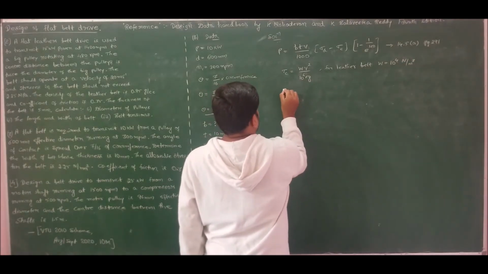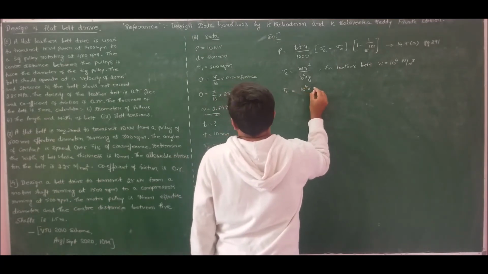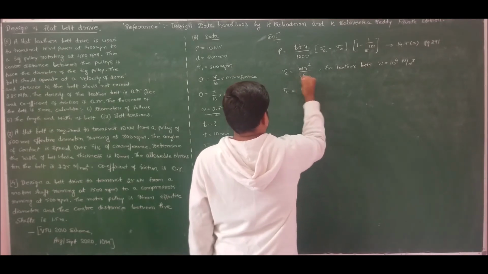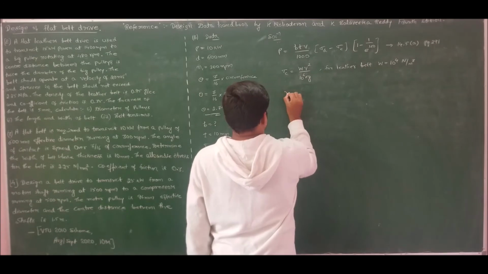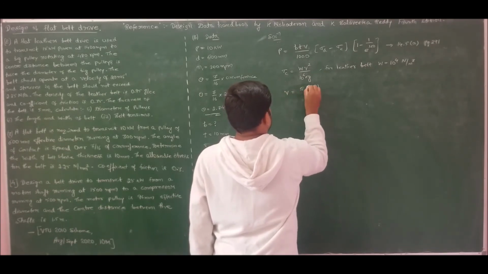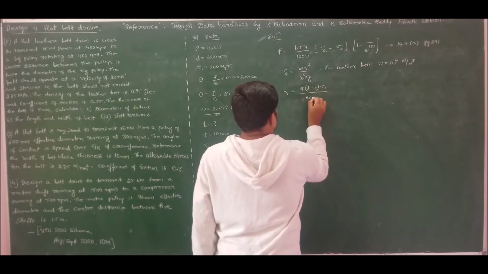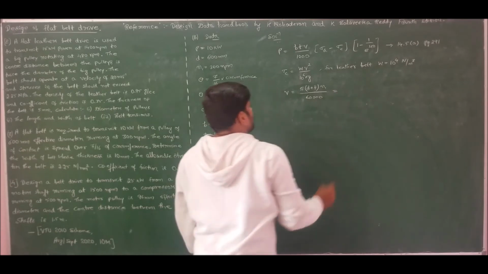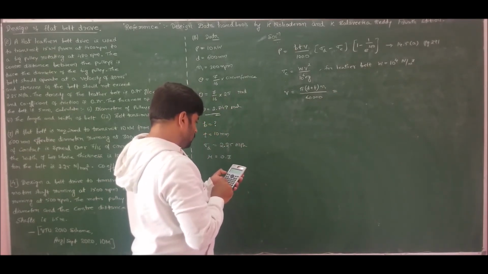Velocity is also unknown, so let me calculate velocity first. Velocity v is equal to pi times d plus thickness, because thickness is specified, into n1 by 60,000. Since thickness is specified, we must consider the thickness and solve.